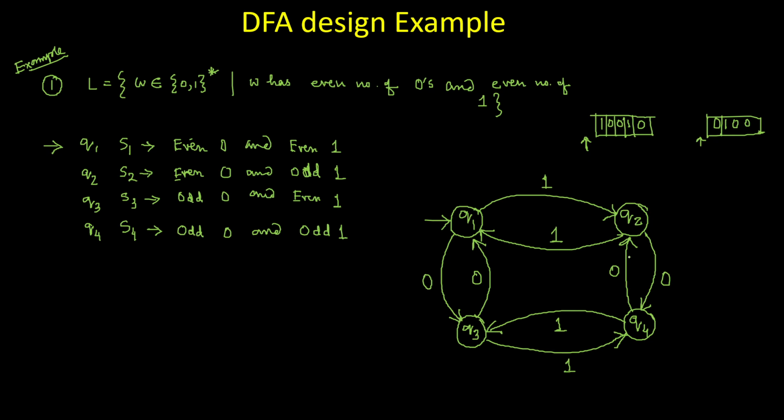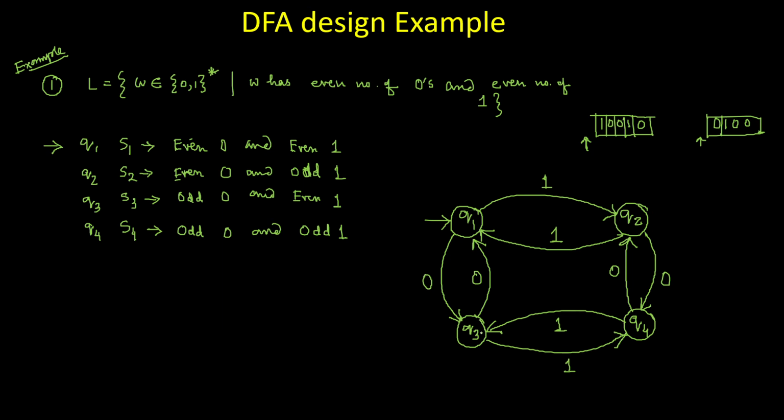And among these, as I told you, L should accept only those strings which contain an even number of 0s and an even number of 1s. That means after reading some set of characters, if the finite state machine is in state Q2, Q4 or Q3, the machine should not accept the string.